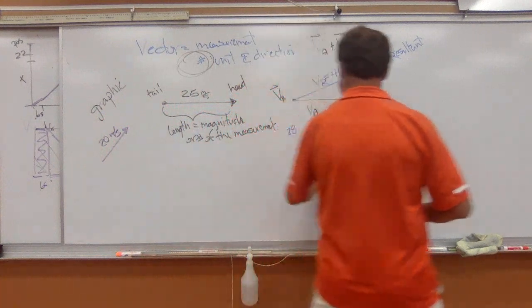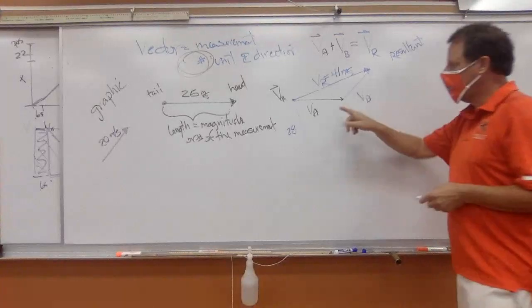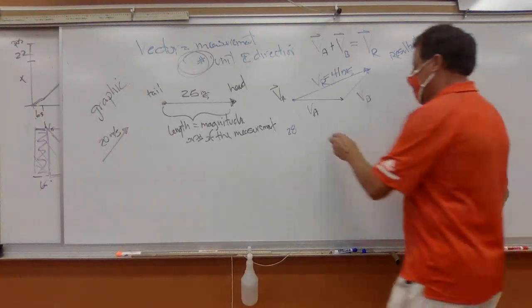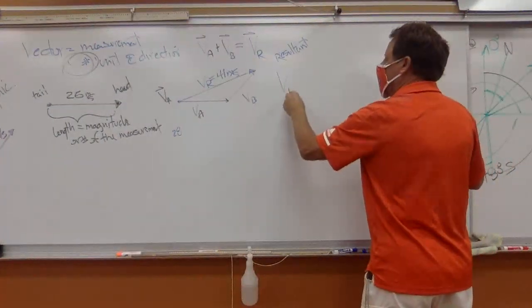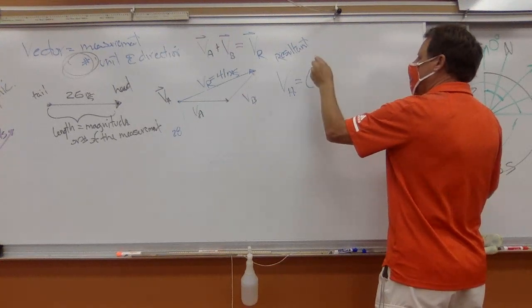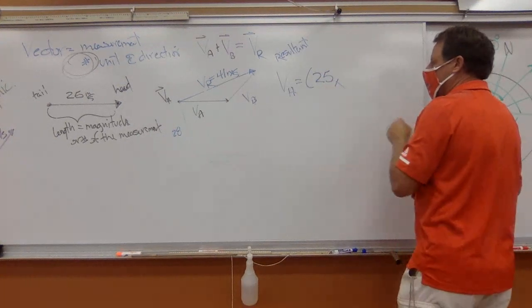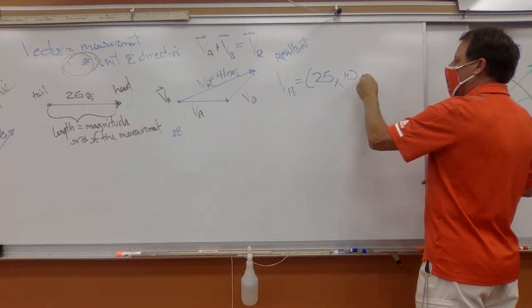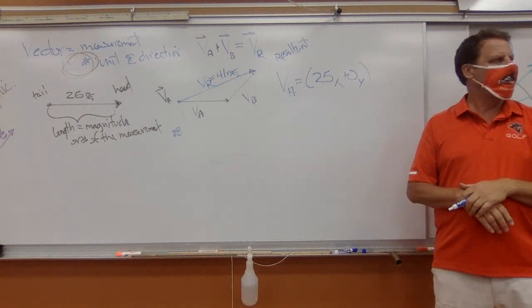Now, vector A is equal to 25 in the x direction and plus 0 in the y direction. Would you guys agree with that?